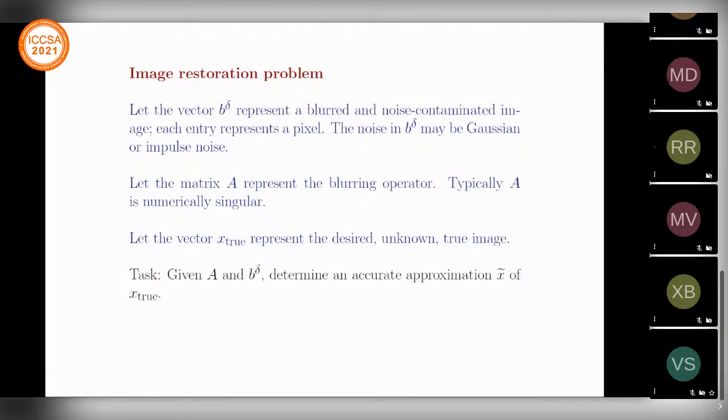What is available is a blur and noise contaminated image represented by B delta, and what we would like is the original true image, X true. We want to compute that from knowing the blurring matrix A and the contaminated vector B delta. Next, please.